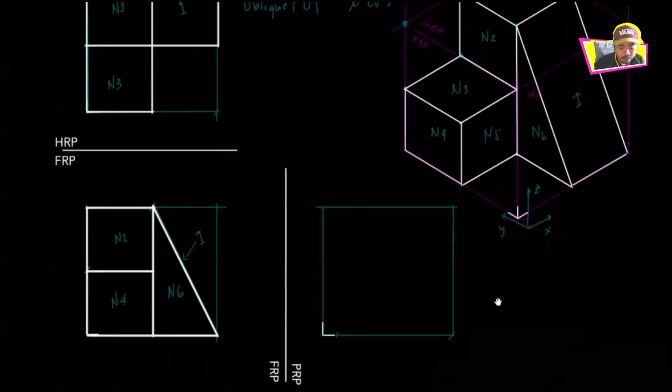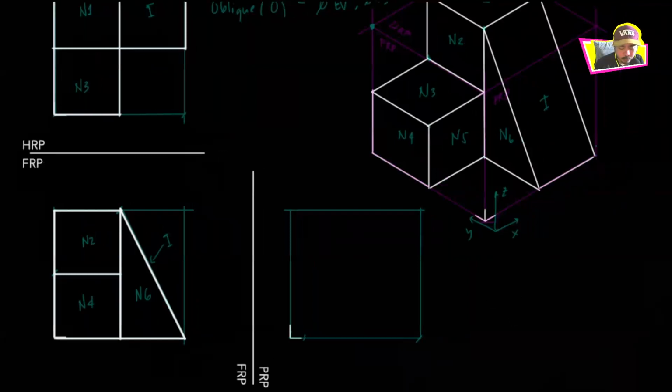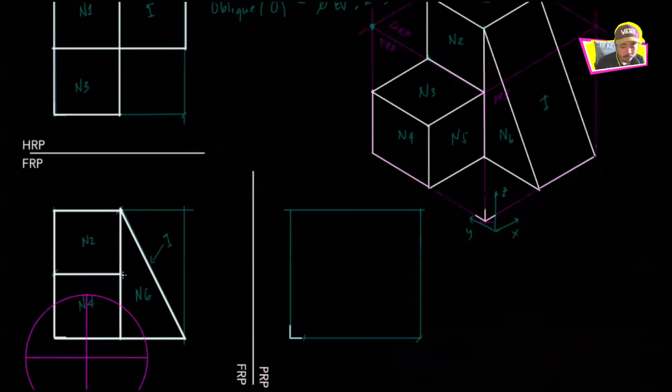Okay? Now, let's do the last na reference plane, which is the PRP naman. Okay? So, pwede kong gawin is, kasi ito, technically, projection line pa rin naman siya, di ba? So, pwede kong i-project lang siya pa ganyan. So, project ko siya ng ganyan.